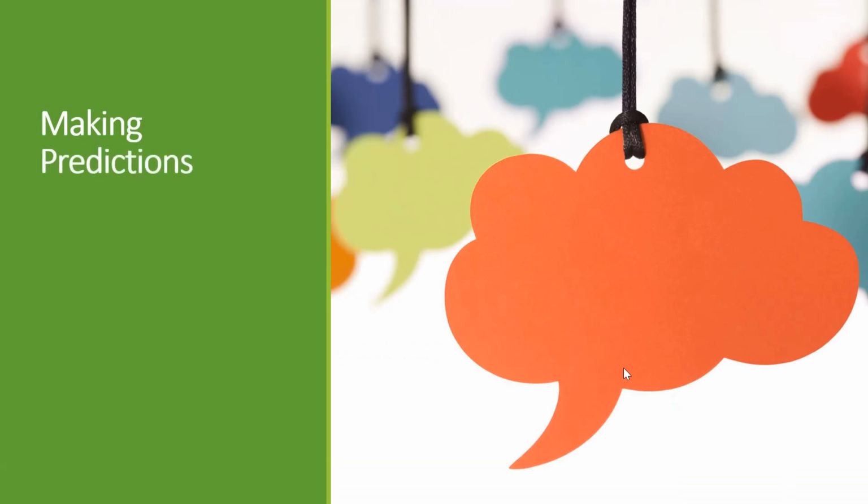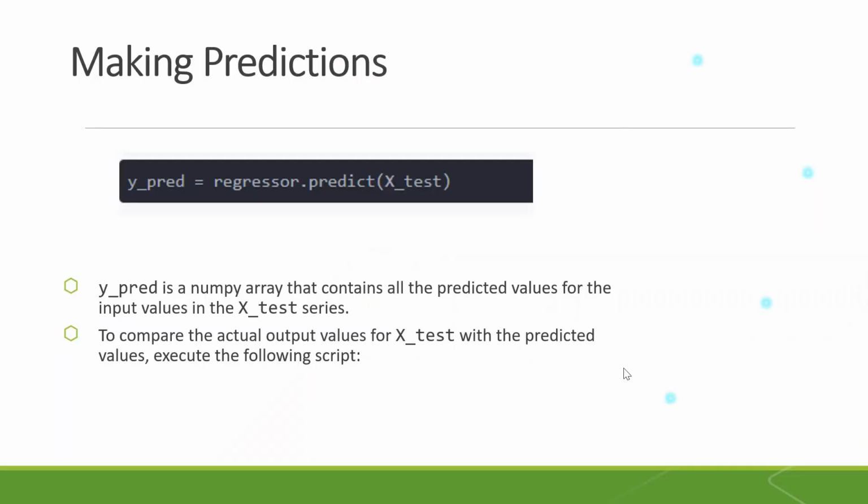Shall we make the prediction? The prediction can be done with the help of regressor.predict. So already we called the method regressor.fit. Now you have to call the method regressor.predict. But what else do you have to pass? You have to pass the test data to predict. Now I am going to assign the results to y underscore pred.